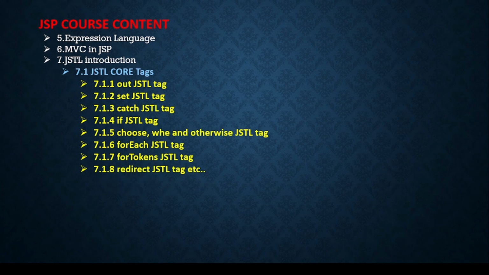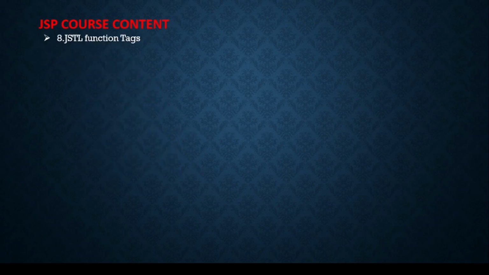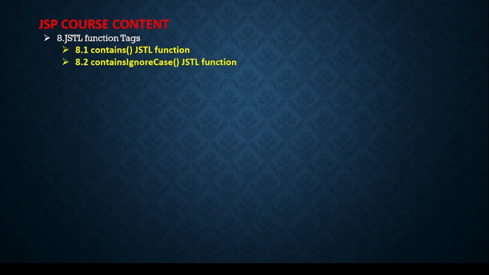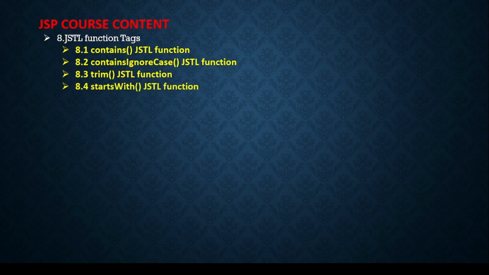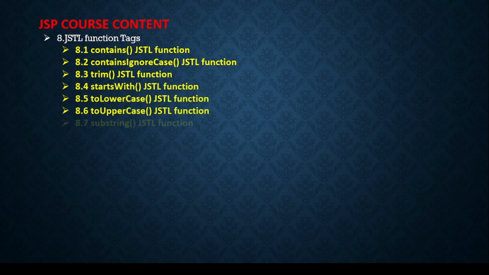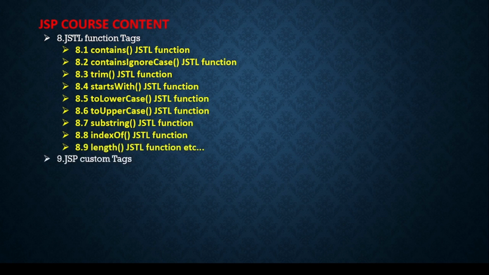Once JSTL core tags are complete, we will see the JSTL function tags. They will cover contains function in JSTL, containsIgnoreCase, trim, startsWith, toLowerCase, toUpperCase, then substring, indexOf, length, and many more functions we are going to see as part of these JSTL function tags.